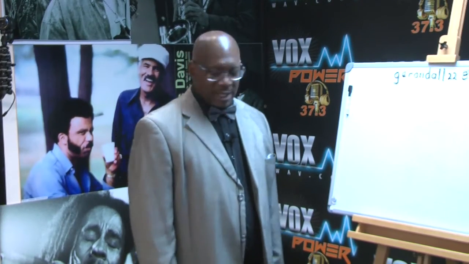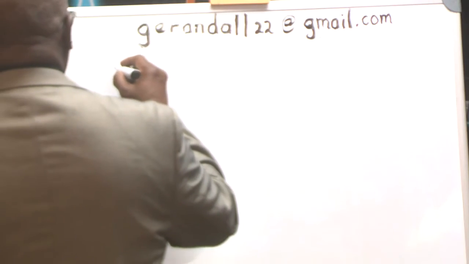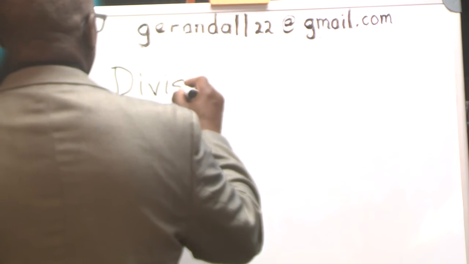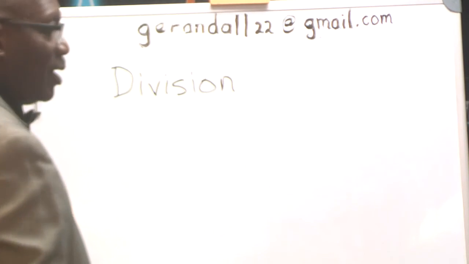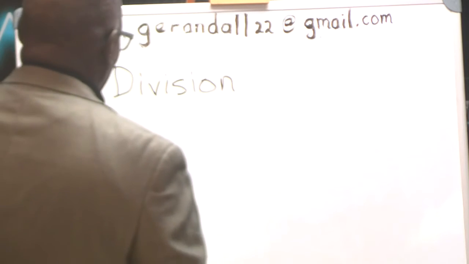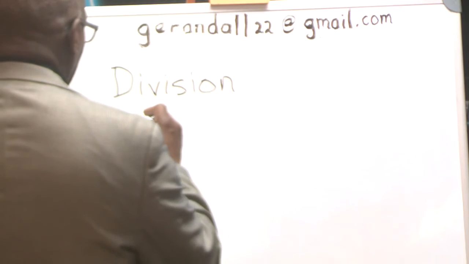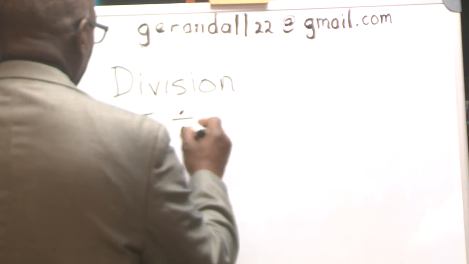Hello again, and we're going to talk about division. And as we look at division, see if we can break it down just a little bit more. And I've told you that division and multiplication are relative.